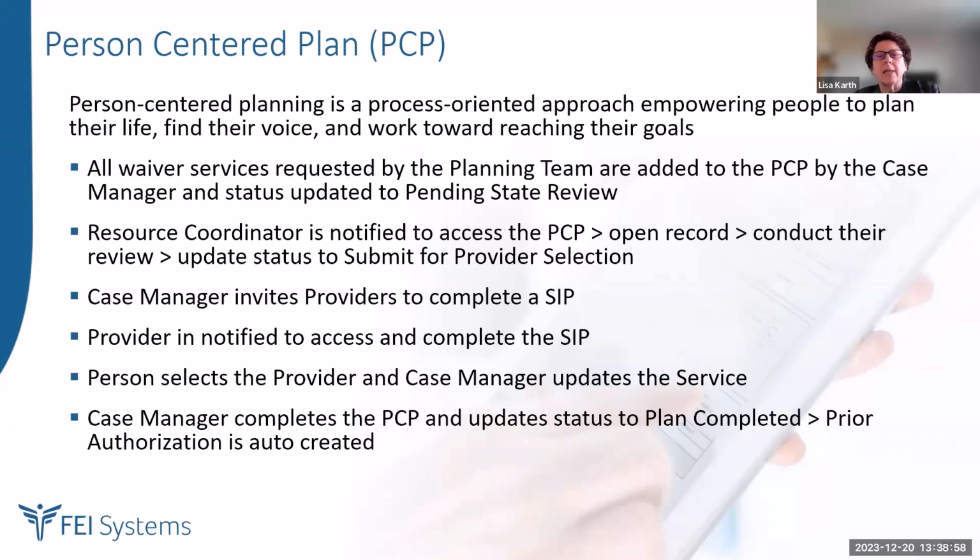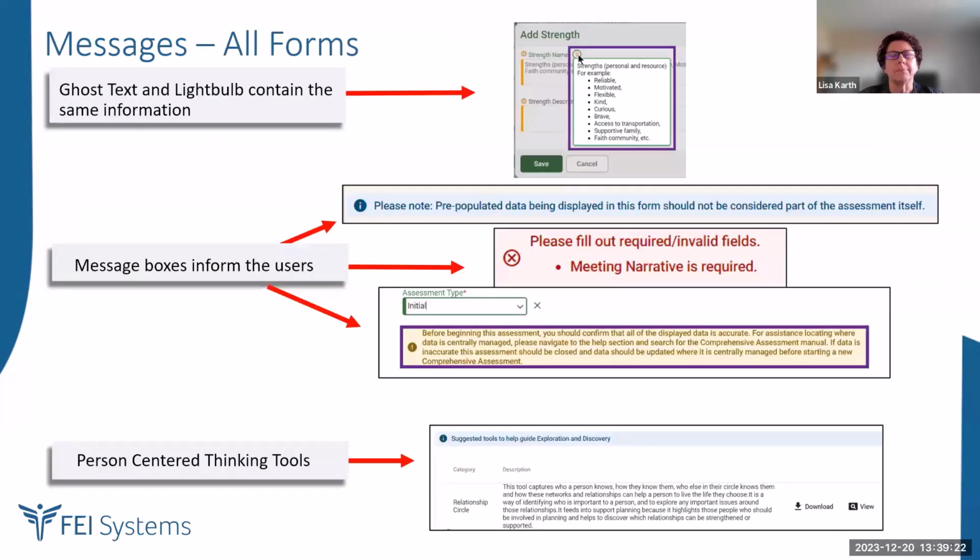And once that's done, the case manager's going to move forward to complete the plan. Now, one of the cool things is that with Evergreen, when that PCP is set to plan complete, that prior authorization is automatically generated. Evergreen takes care of it for us.